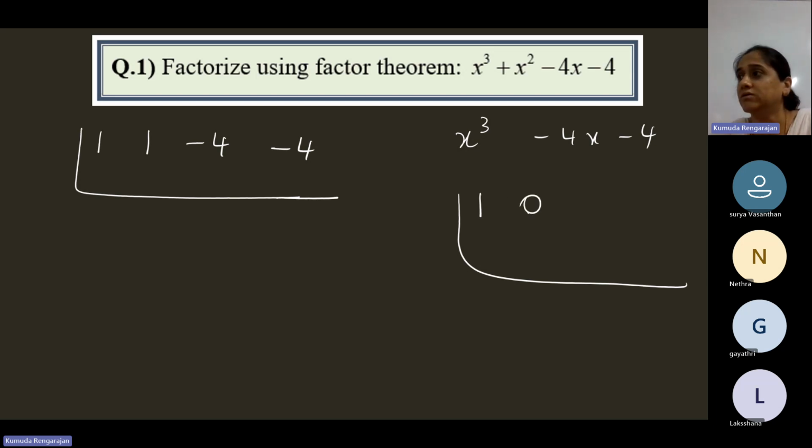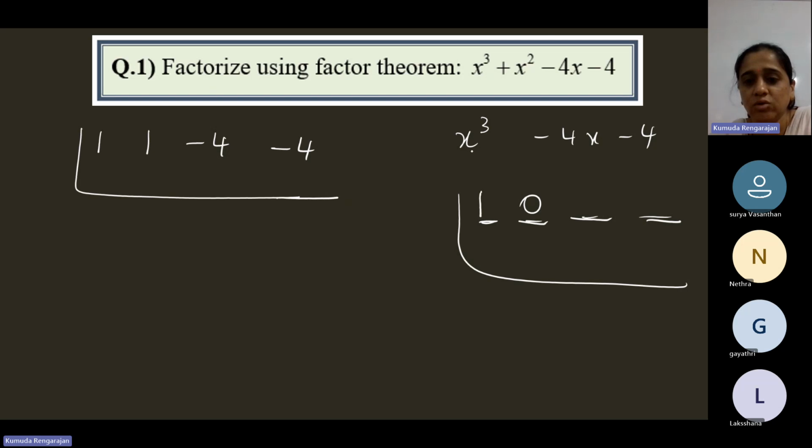That is important here. It's a cubic polynomial, so you must write the coefficient of x cubed, x squared, x and constant. So 4 numbers must be present here.